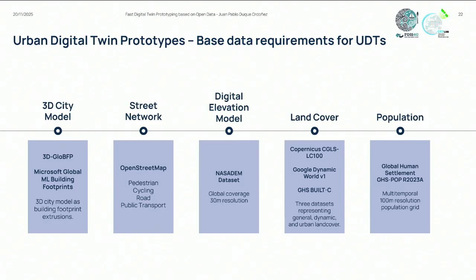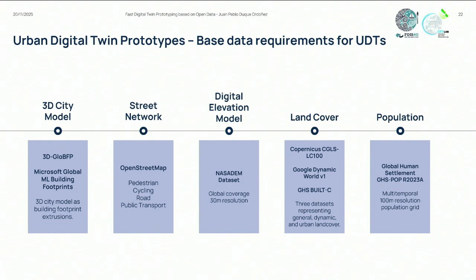We used OpenStreetMap, of course, for the street network. We created some algorithms and some processing to actually extract road, pedestrian, cycling, and public transport networks. We also use a digital elevation model from NASA DEM, 30-meter resolution.